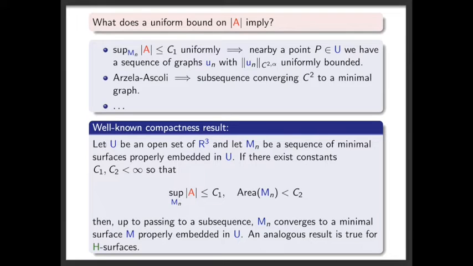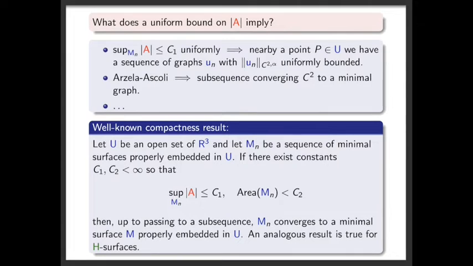So we have a nice compactness result that if you have a sequence of minimal surfaces properly embedded in U, and there are two things. First, the second fundamental form is uniformly bounded, and then the area is also uniformly bounded. Although good things happen even when this is not true. You just have to talk about laminations.